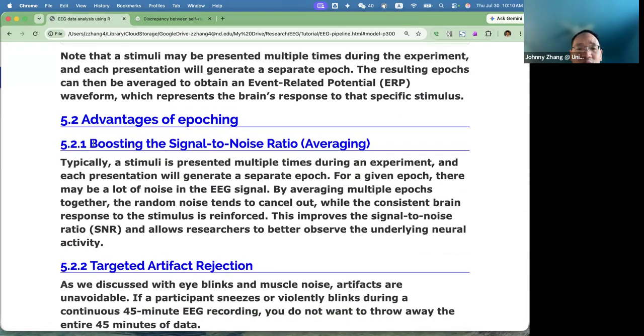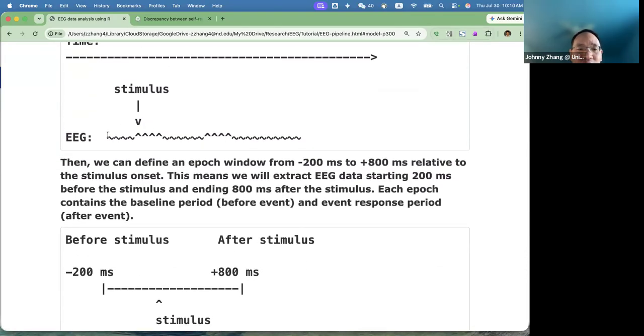First, it can boost the signal-to-noise ratio, and this is very important. Remember, we always have some noise in the data. The observed signal is always equal to the true signal plus noise. If you have a lot of noise, the results may not be reliable. But we can average the epoch information. For example, we may have one epoch here that shows an image, and another epoch here that shows another image.